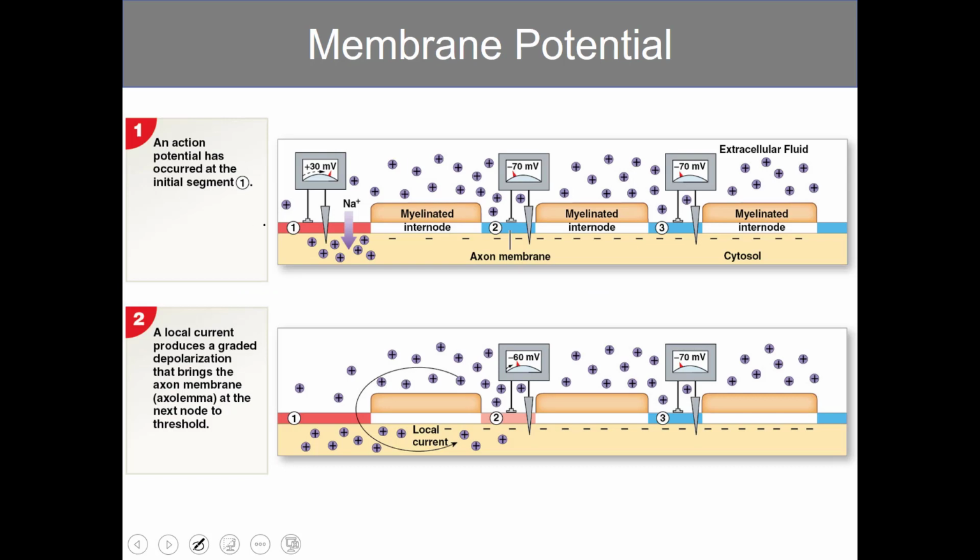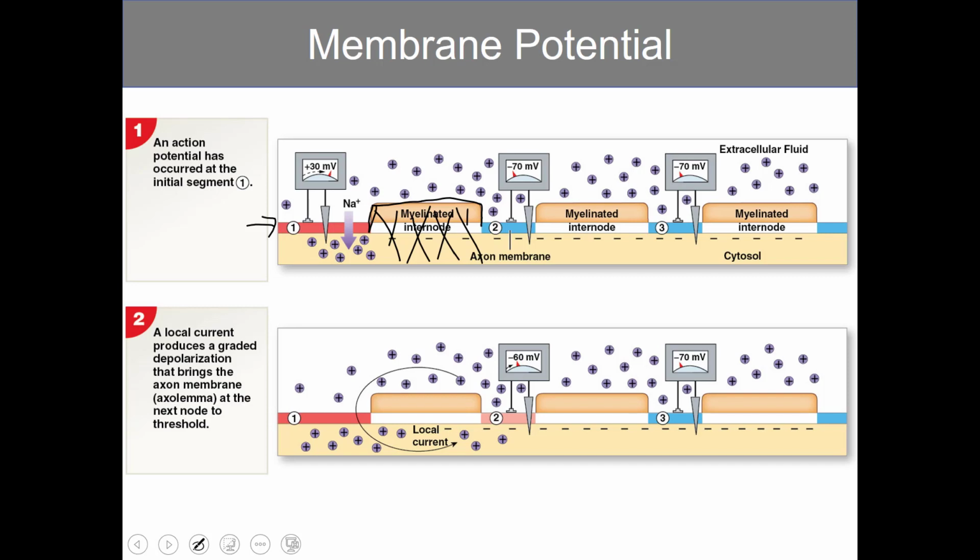Here we have the cell membrane of the axon. And we can see these regions of myelin sheaths. They literally wrap around the axon just like you would wrap electrical tape around an exposed wire. And what myelin does is that it insulates that region of the axon. So nothing can occur here.